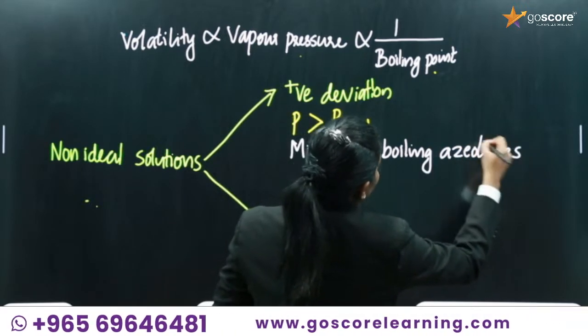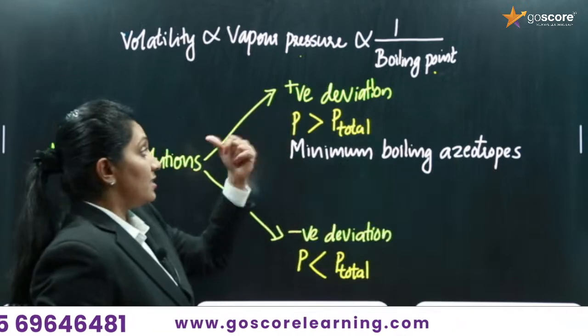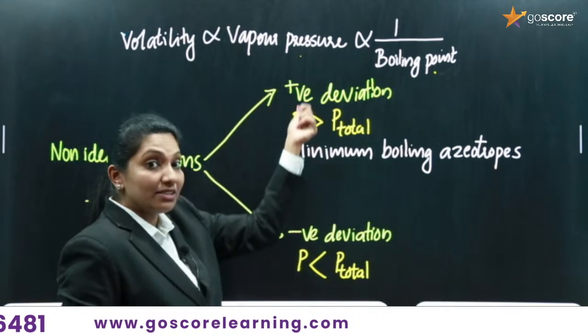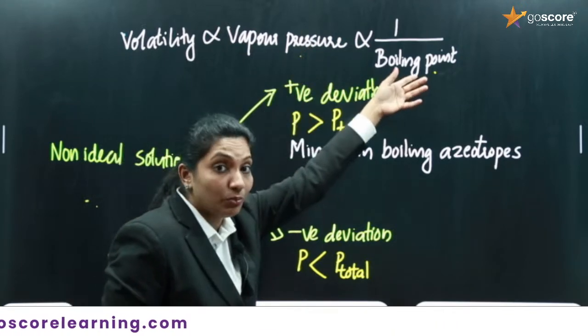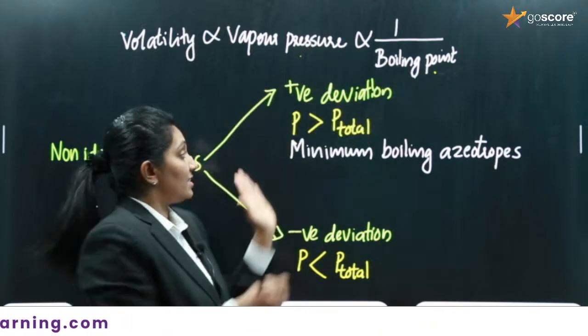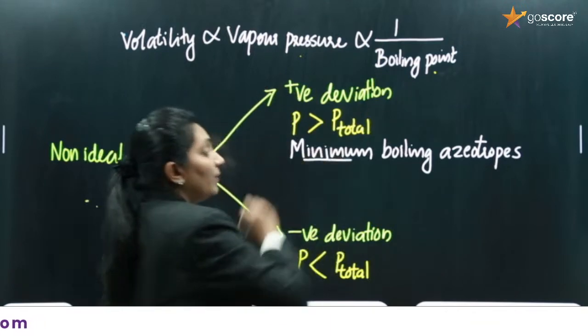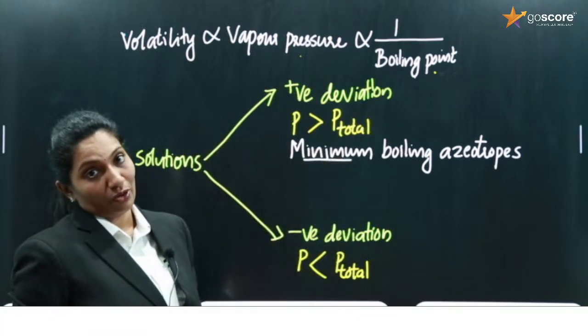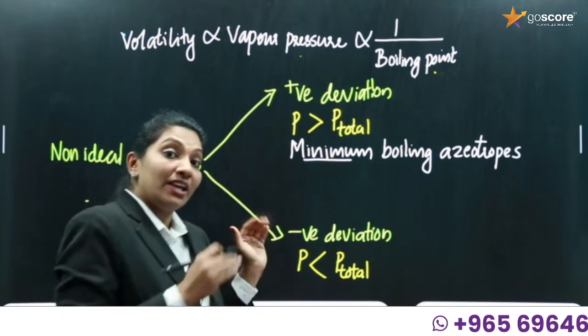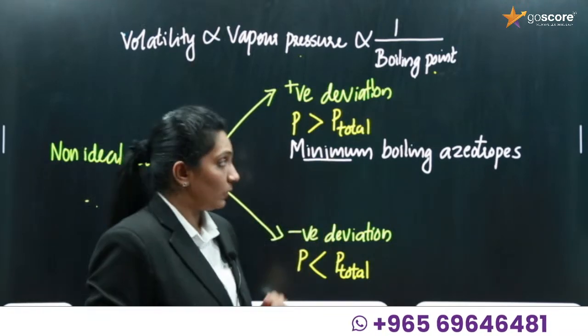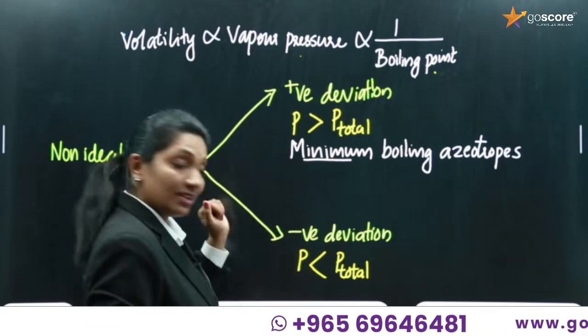Yes, these mixtures have a vapor pressure that is greater. As the vapor pressure increases, what happens? The boiling point decreases. That's why it is called a minimum boiling azeotrope. If so, for negative deviation, the solutions which show negative deviation from Raoult's law, then what happens? The pressure is less, right?